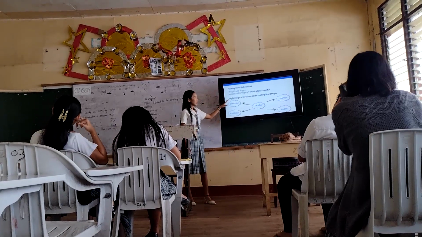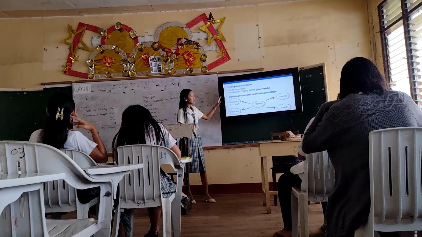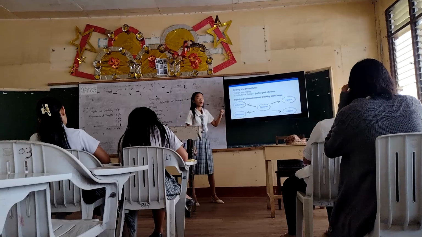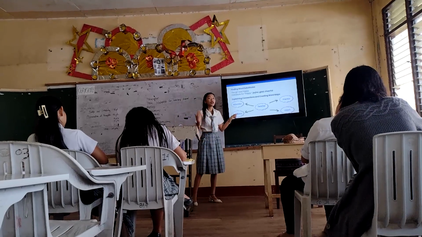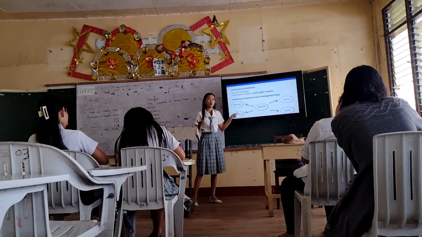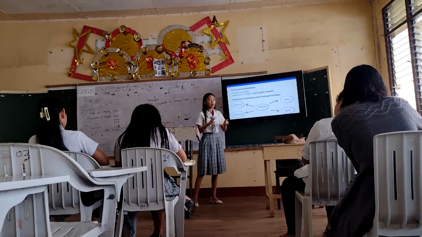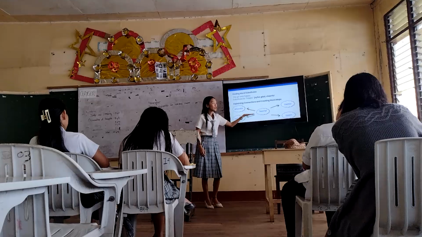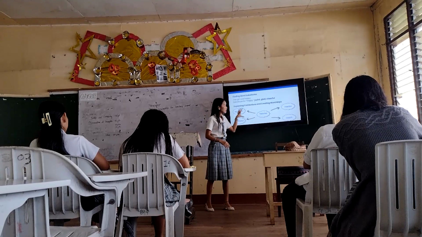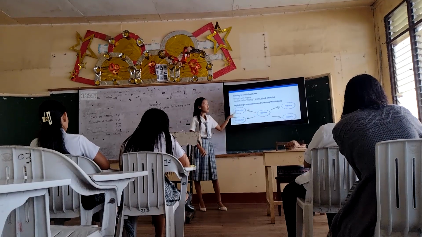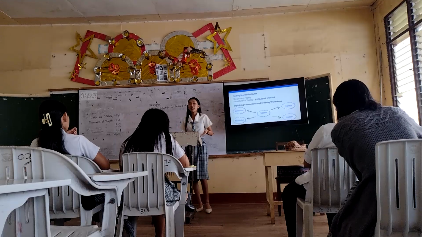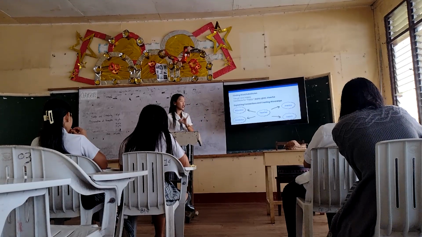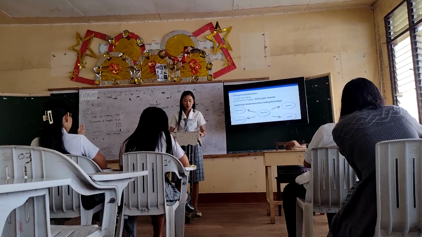Now we have another learning activity, explaining connections and creating word maps. This word map shows connections between words and the relationships between them. The given word is teacher. The words that surround teacher are associated words, such as educator, facilitator, mentor, and coach.